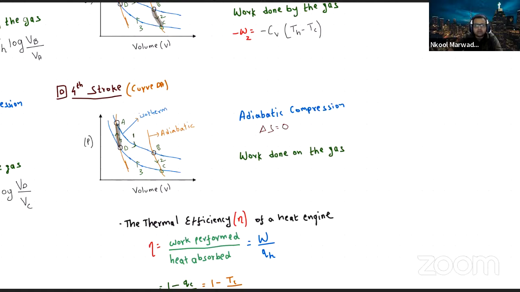And work will be done till there is a temperature difference. It will be the same. Since work is done on the gas, it is positive. It is CV, TH minus TC.